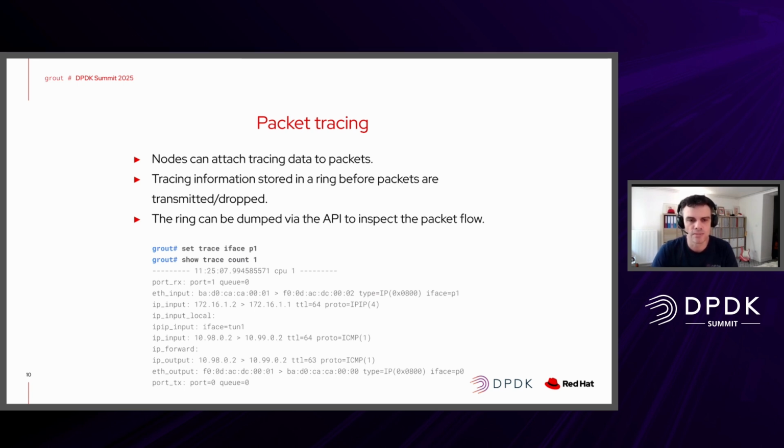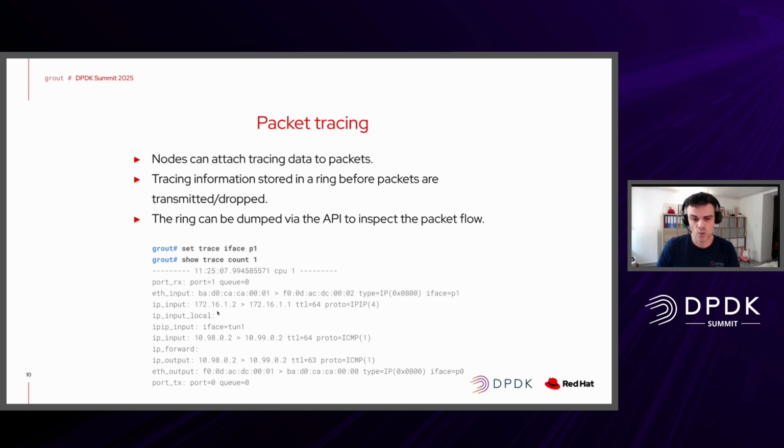I've displayed a short example below where you can see the packet entered port 1, Q0. Then the Ethernet input node added the Ethernet header information. Then in IP input, we saw something about the external IP addresses. And then we see that the IP protocol was an IP-in-IP tunnel.